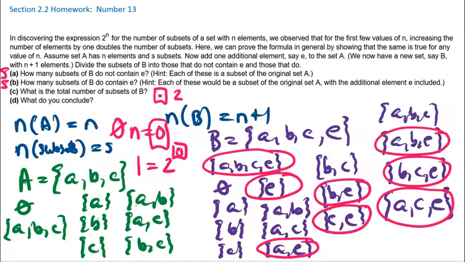Now again, don't get hung up on the formula. I want you to look at this example I did and notice the big point. The big point is if you have, for instance, 3 elements to start with and you list all the subsets, that happens to give you 8.